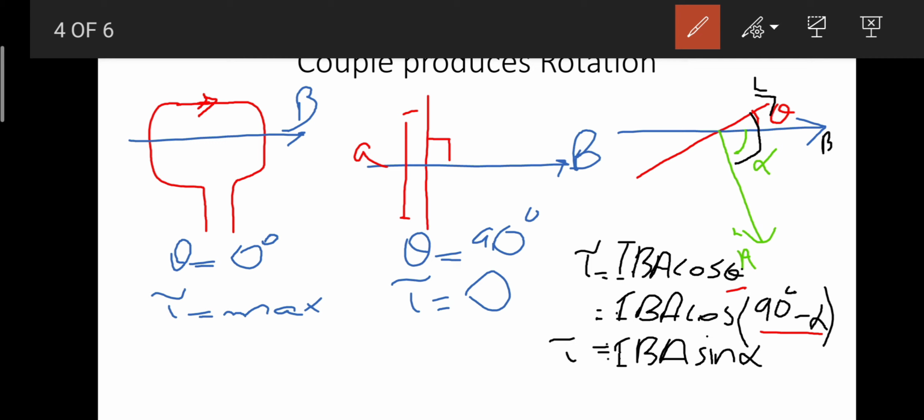Now how does this angle alpha provide the required results for the vector area?